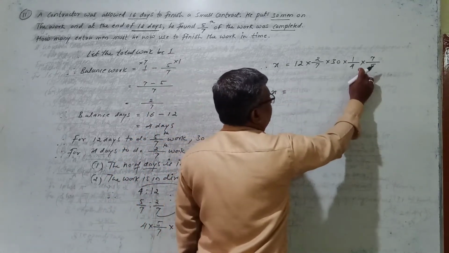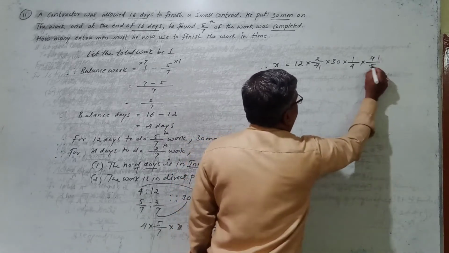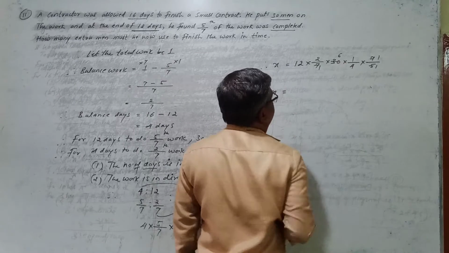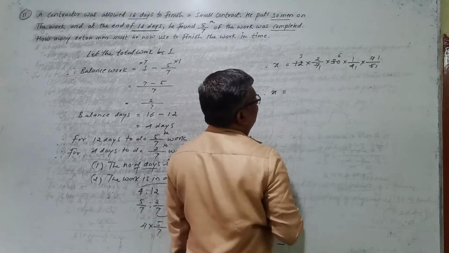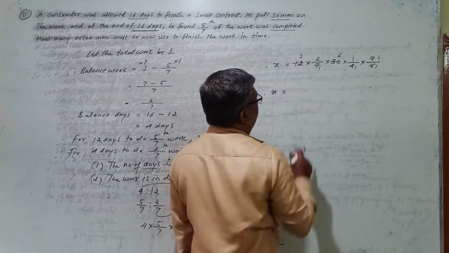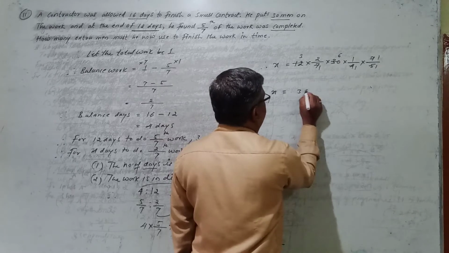Now simplify this, so this 7 gets cancelled. 5 sixes are 30, 4 threes are 12. So division is over. Multiply 3 into 2, 6, 6 into 6 it is 36.